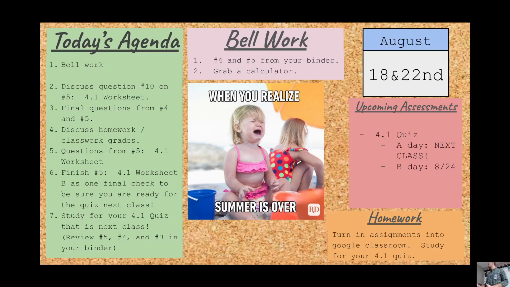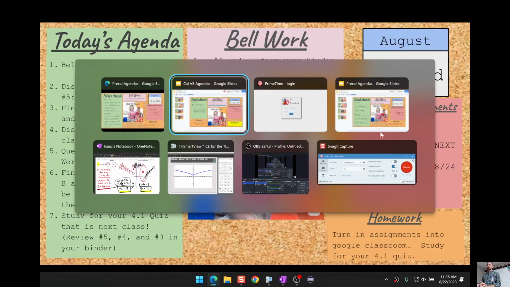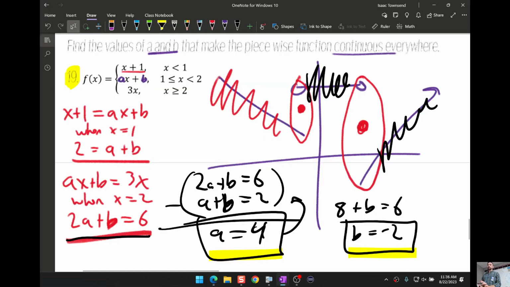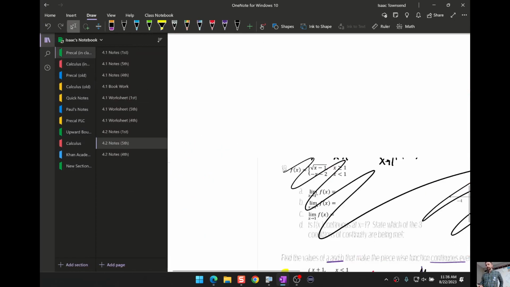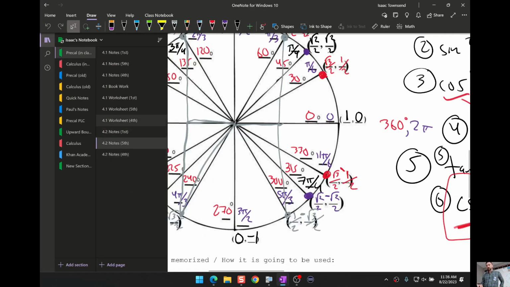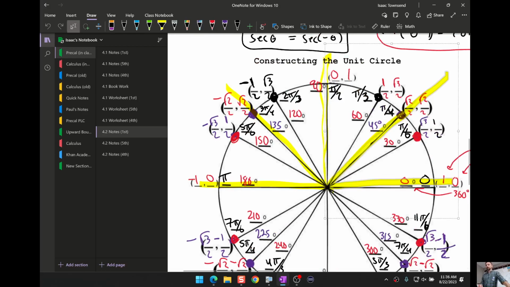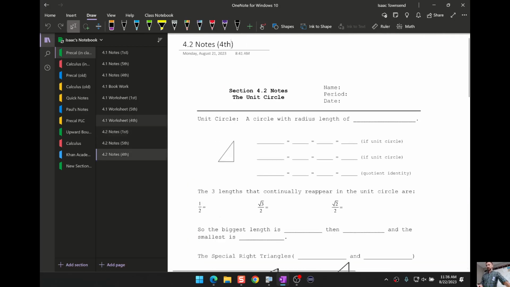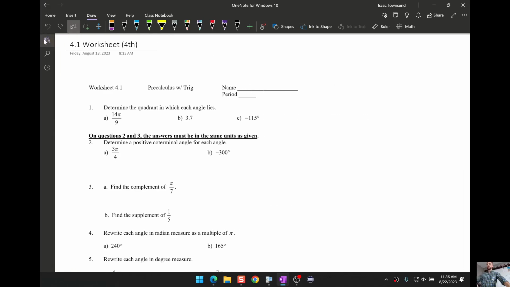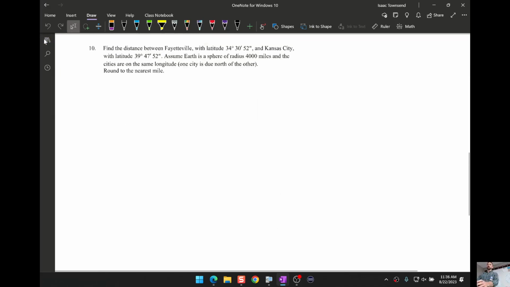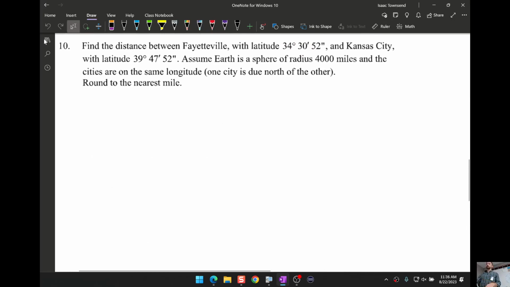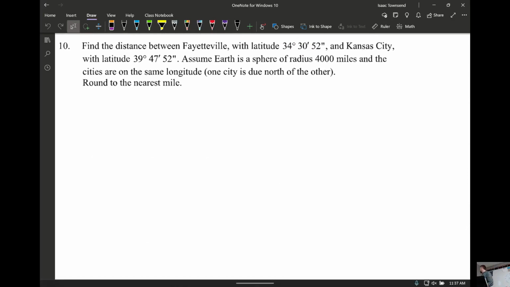But to start off, question 10 on the first worksheet, I ask that you give it a shot. There's a number 10 on the second worksheet, so I'm not going to go over that one with you, but it should be a similar format as this one.